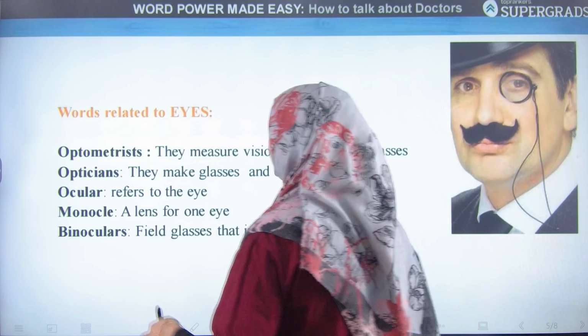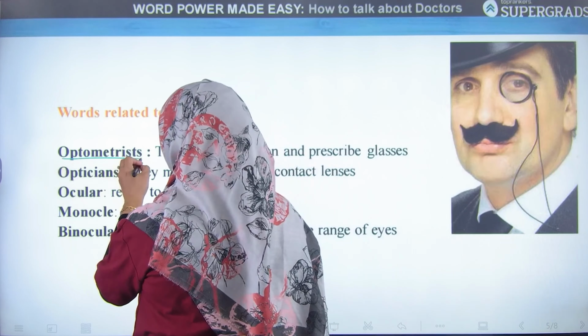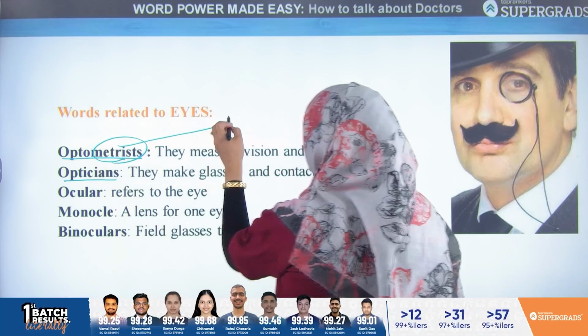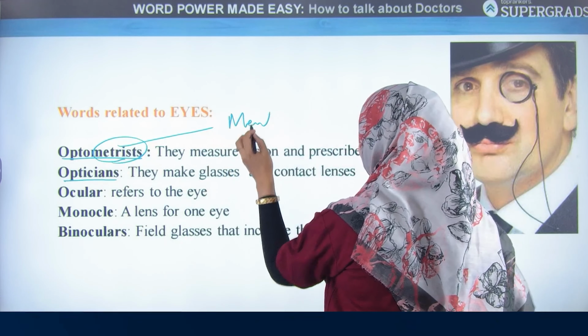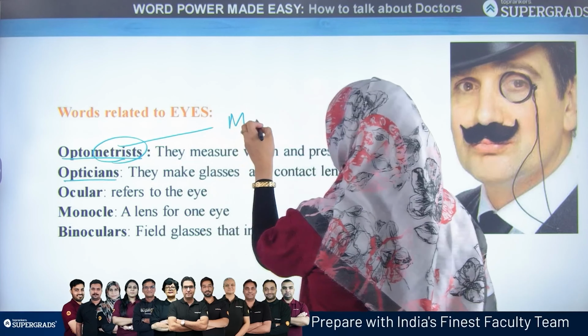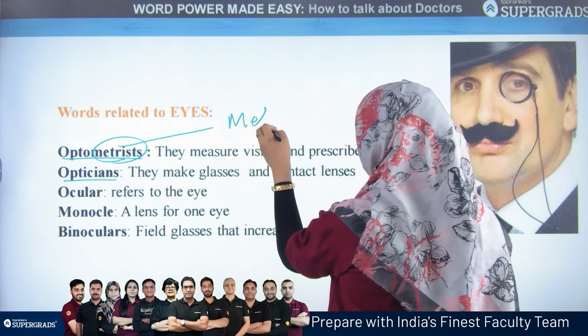Now, optometrist and opticians. You've got to understand this thing basically, right? Optometrist: metri, or metrics, simply I can say, refers to measurement.